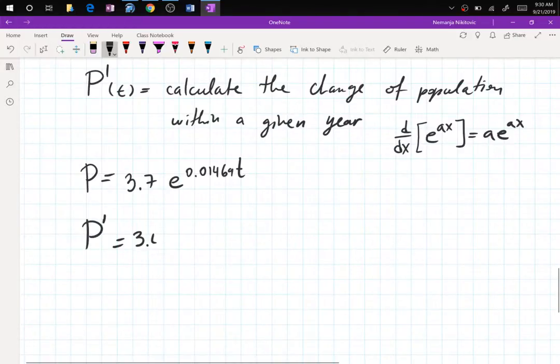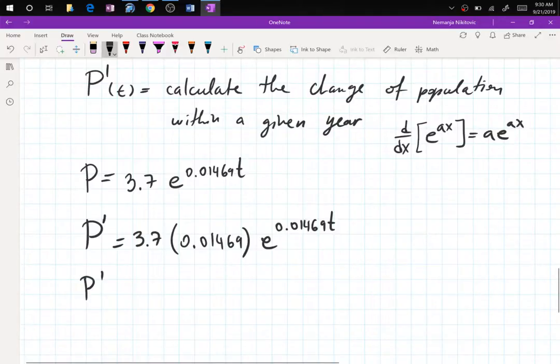P prime is going to be 3.7 times 0.01469. That's when a drops down. And then you copy the function as is, e to the 0.01469t. There we go. And all you need to do is to multiply 3.7 by this decimal, and you will have your derivative with respect to time, right? That's a function as well.